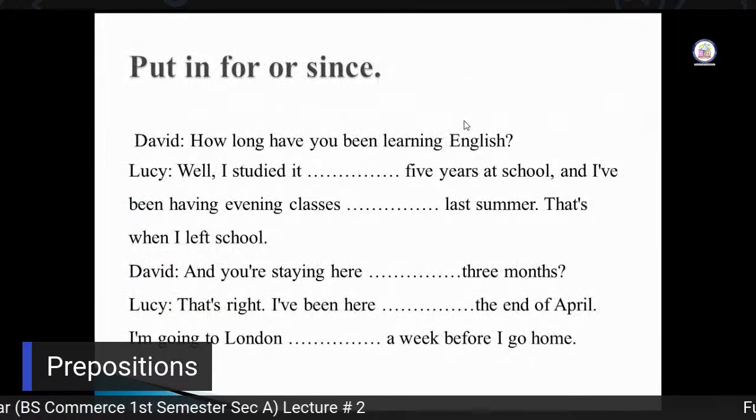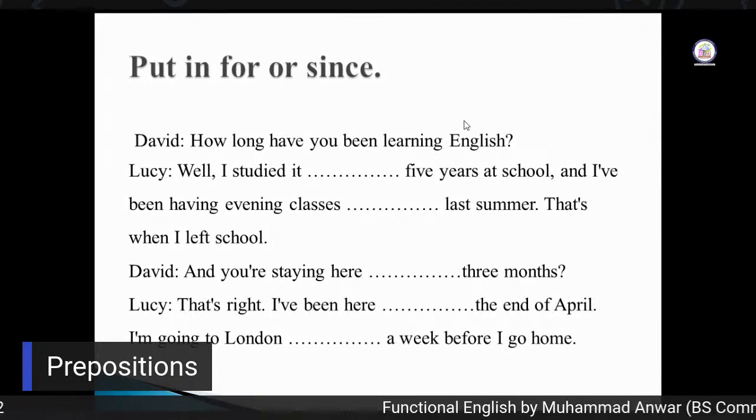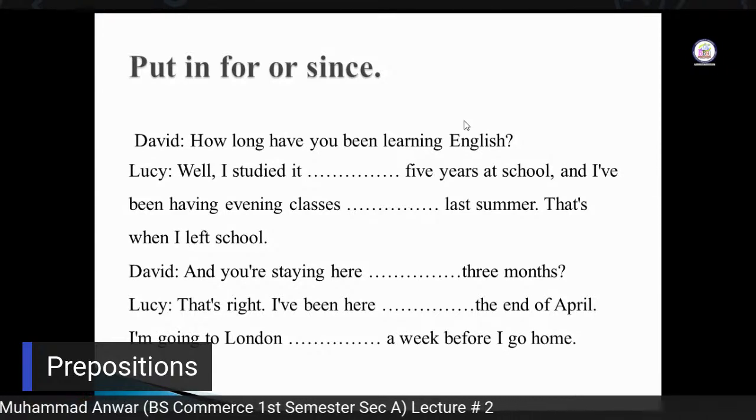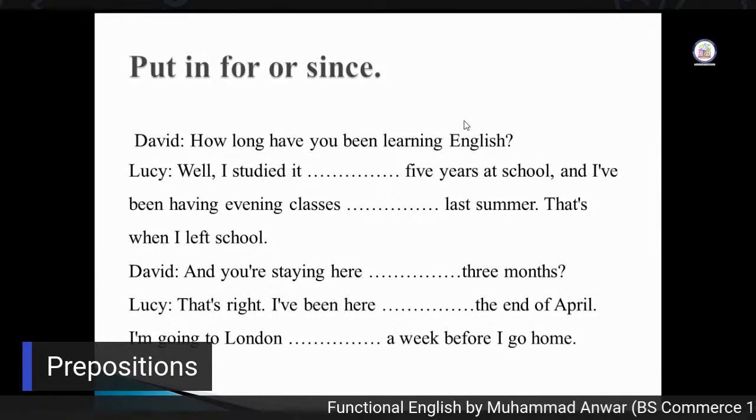Similarly, there is another dialogue where we have to use for or since. As I told you, we use for with duration, and we use since with a time expression.